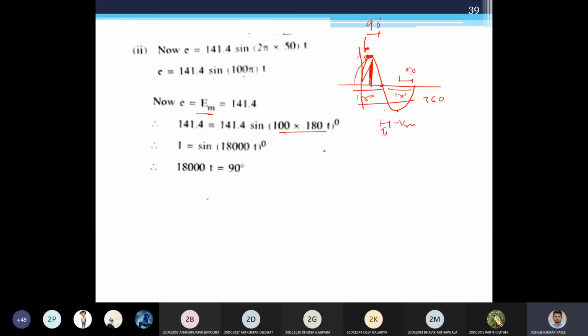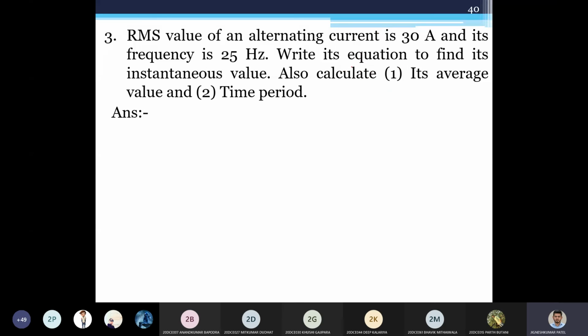So this is the value that I get, t is equal to 1 upon 200, and then I know that is 5 millisecond. So 5 millisecond is the actual time when it will begin. So this is the 5 millisecond time.